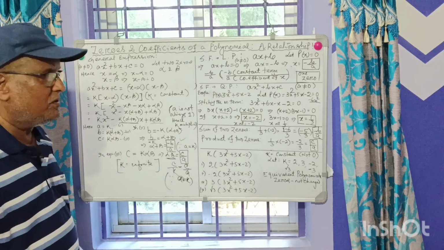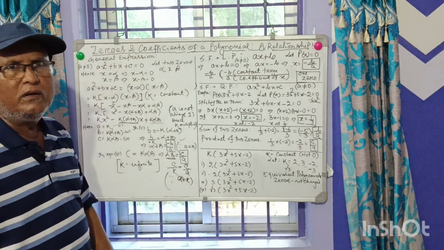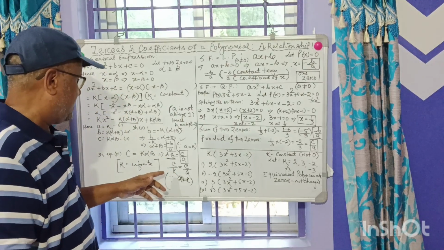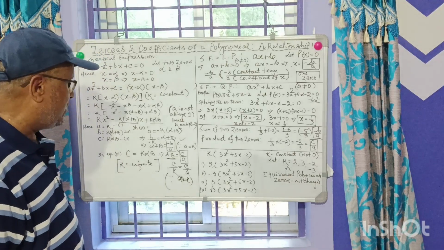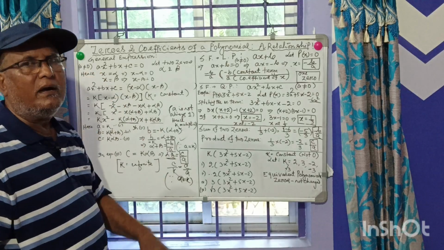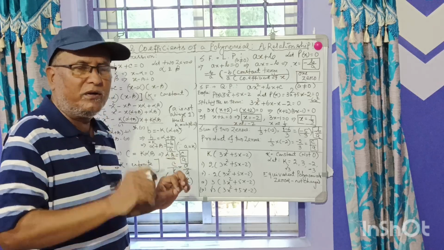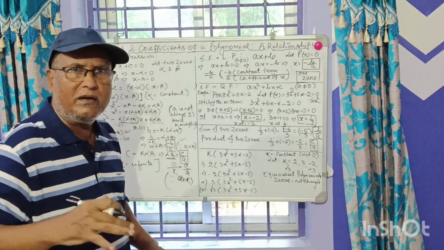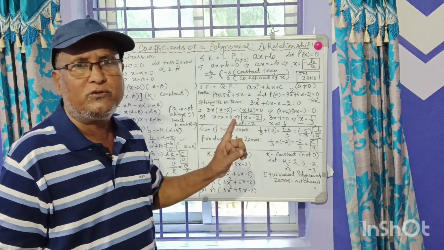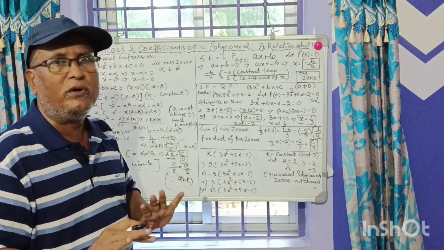The sum of the two zeros is -b/a, where b is the coefficient of x and a is the coefficient of x². The product of the two zeros is c/a, where c is the constant term and a is the coefficient of x². Also remember that the value of k is a real number other than 0, so there are infinite possibilities, and this question was asked in the CBSE exam and other board exams.